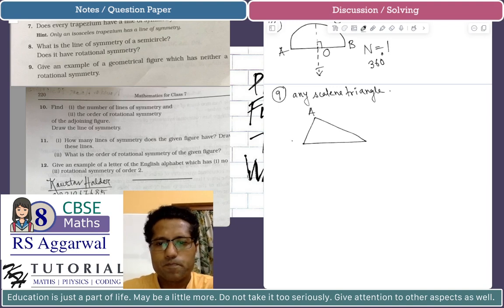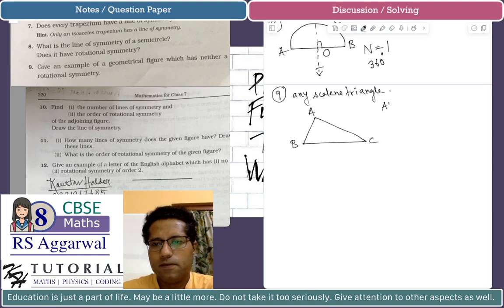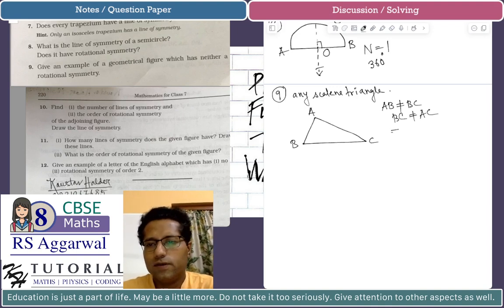ABC, where AB is not equal to BC and BC is not equal to AC. So this implies that angle A is not equal to angle B, which is not equal to angle C. In a scalene triangle, the lengths of all three sides are different, and also the angles are different.